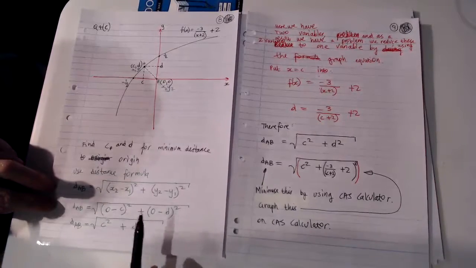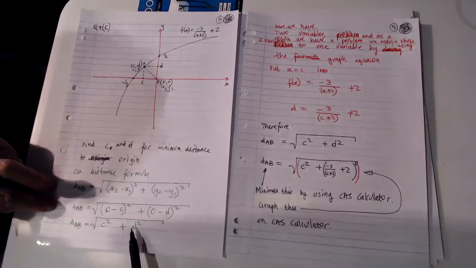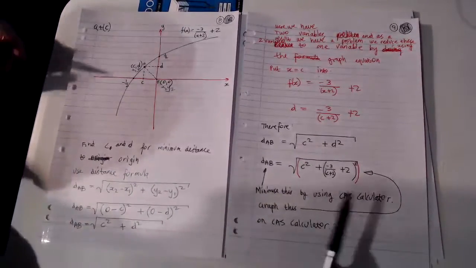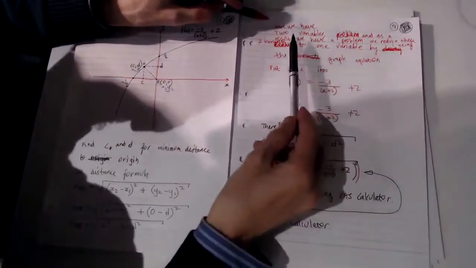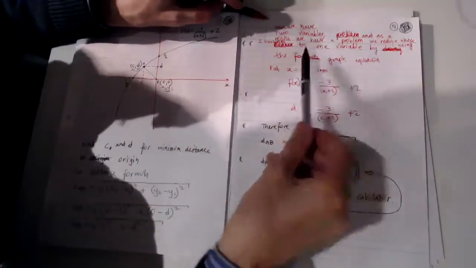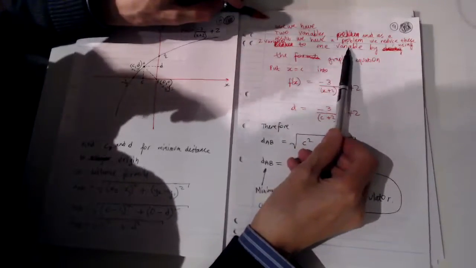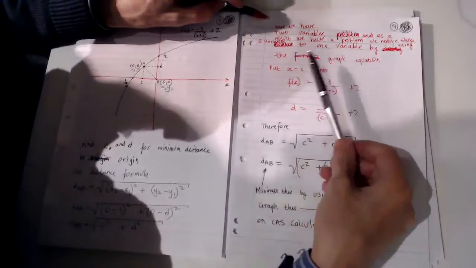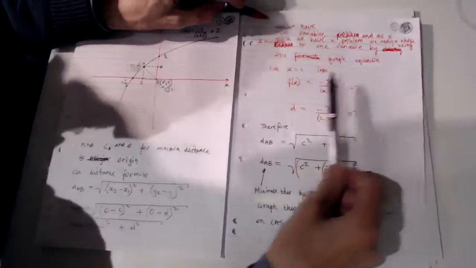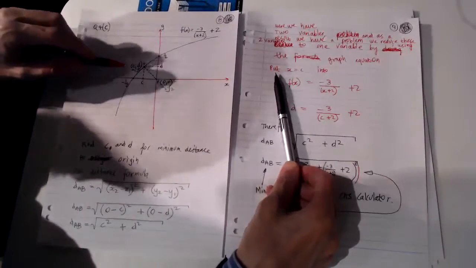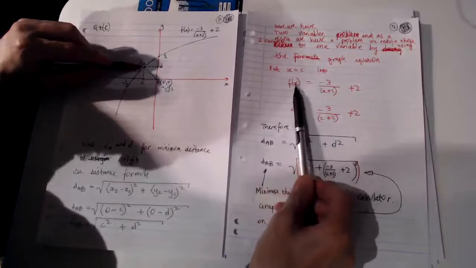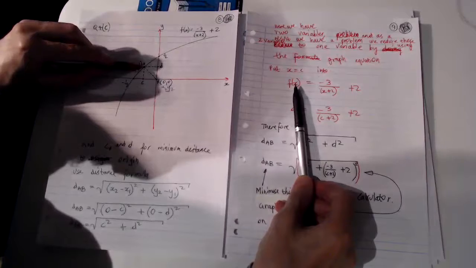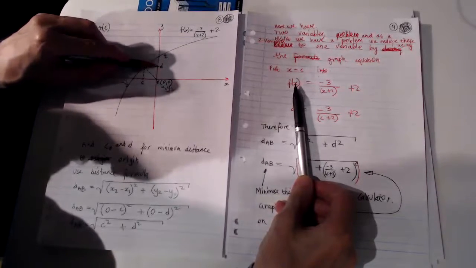How do you reduce these two? How can you reduce two variables to one variable? By doing the following approach. Here we have two variables, and as a result, we have a problem. We reduce these two variables to one variable by using the graph equation, and we do that by putting x equals C into the graph equation, because then we'll find the corresponding D variable.